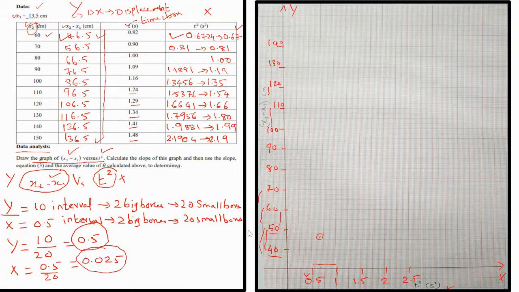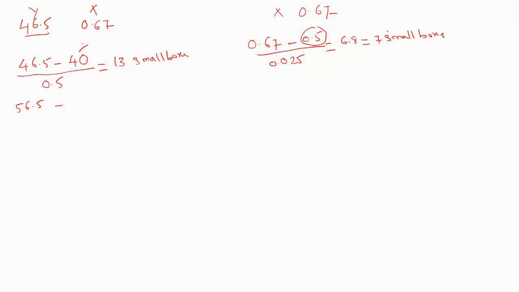So what is the lowest value? 50. So 56.5 minus 50 divided by, what is the value of your y-axis interval? 0.5. If you calculate it, you will get again 13 small boxes because our interval is the same. So for the y-axis, every time you will get 13 boxes. Clear? Yes, clear.